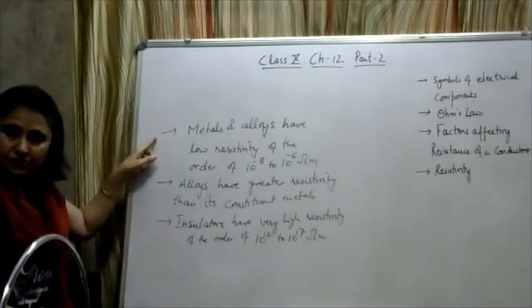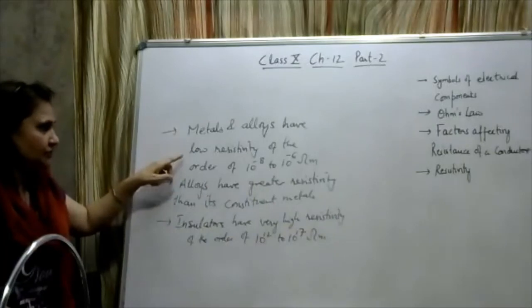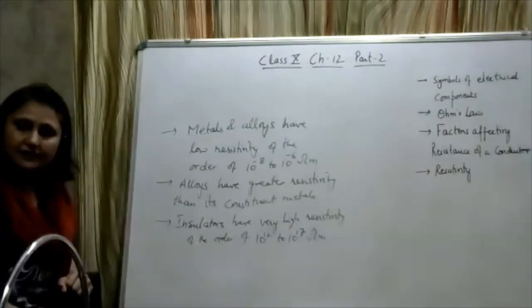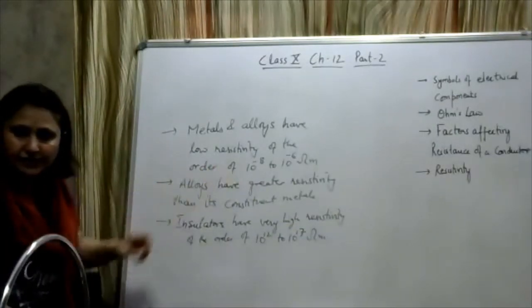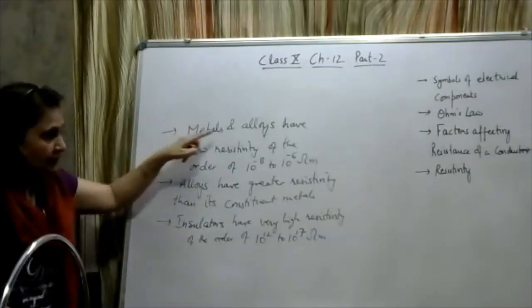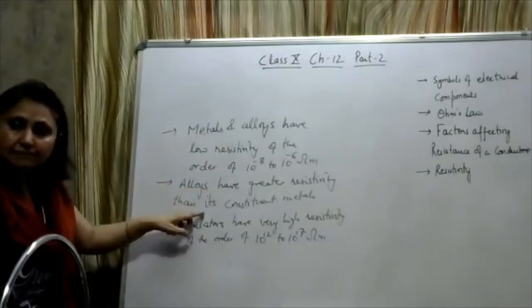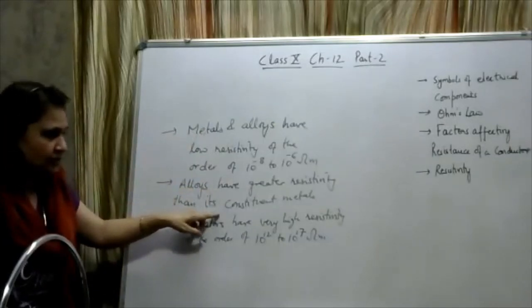Okay, so some points you have to remember. Metals and alloys have low resistivity, that is of the order of 10 raised to the power minus 8 to 10 raised to the power minus 6 ohm into meter. Between metals and alloys, alloys have a greater resistivity compared to their constituent metals.